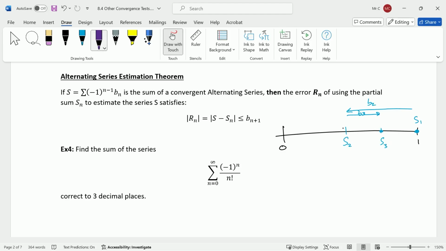And so what we're saying is somewhere in here is the actual value of the sum, and the distance here is the error between the partial sum and the actual value of the sum. And what we know is b sub 4 is going to take me back, and it's going to go past the actual sum. So what we're saying here is that the absolute value of the error is less than or equal to the value of the n plus 1th term.